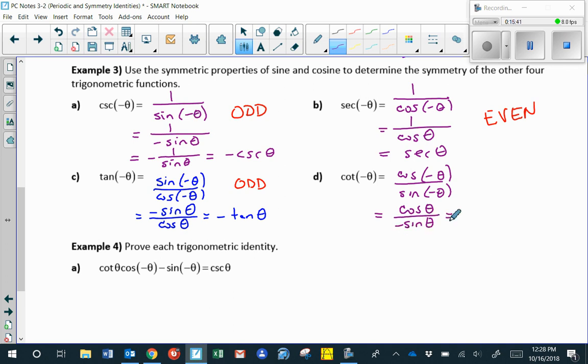That gives us the opposite of cosine over sine, which is the opposite of the cotangent function. Since an opposite input for the cotangent function yields the opposite y value, the cotangent function is also odd.